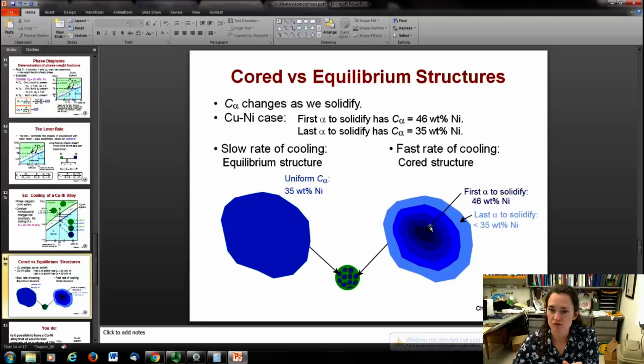Then as you move outward, the percentage of nickel decreases. So in a lot of these regions, you're going to see a nickel-rich phase on the inside, and then sort of a cored shell structure where the percentage of nickel drops off as you cool it down and as the solid phase moves away from the nucleation site.